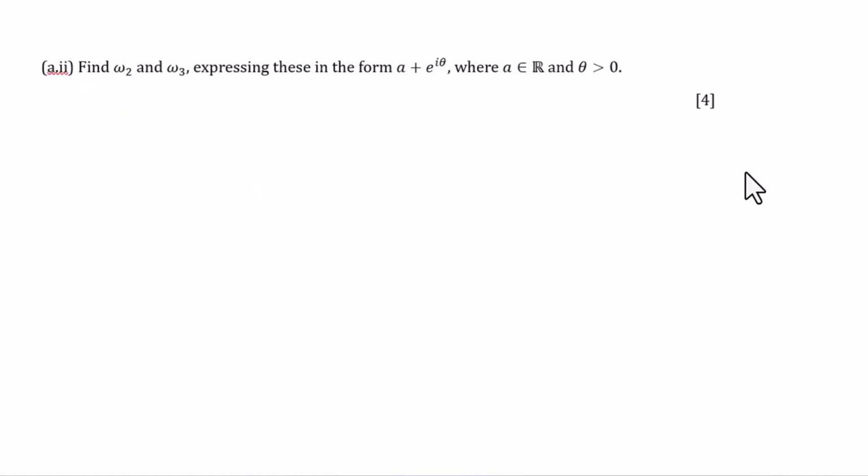A2, find omega 2 and omega 3, expressing these in the form a + e^(iθ), where a is a real number and θ is greater than 0. This is an argument.